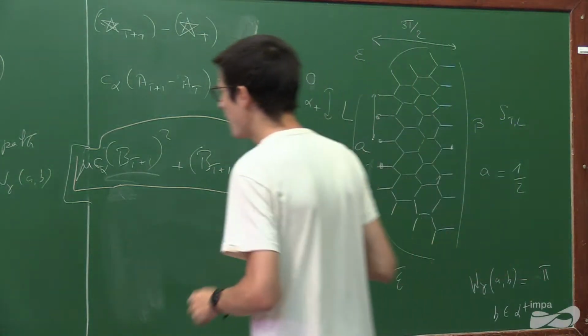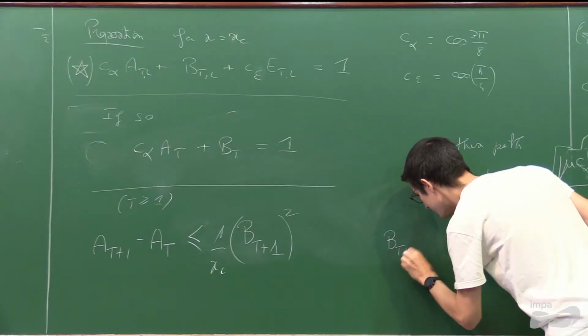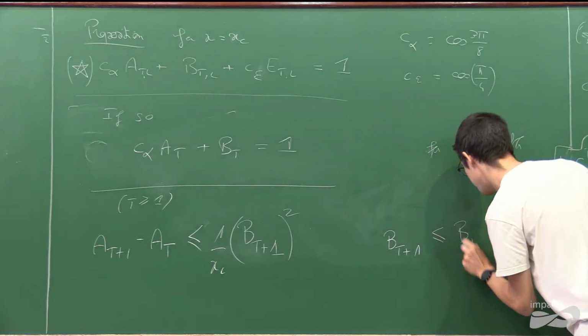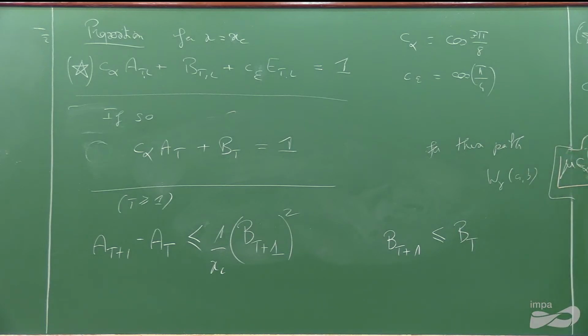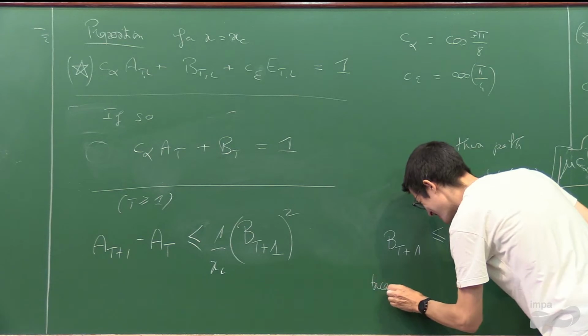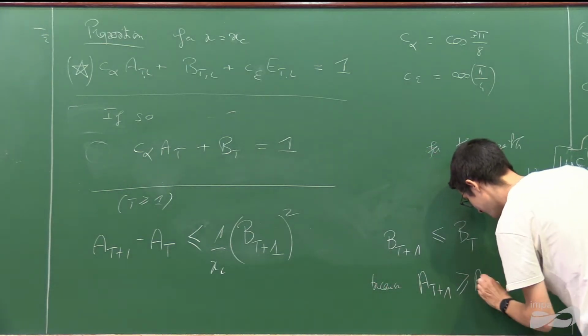So what you have is that BT plus 1 is smaller than BT. Why? Well, this is because AT plus 1 is larger than AT.